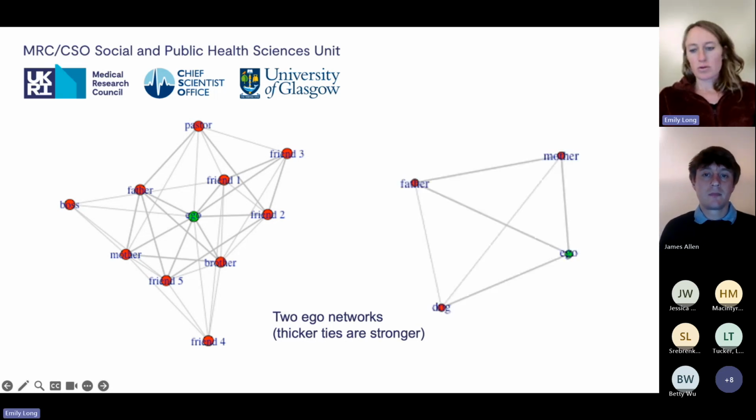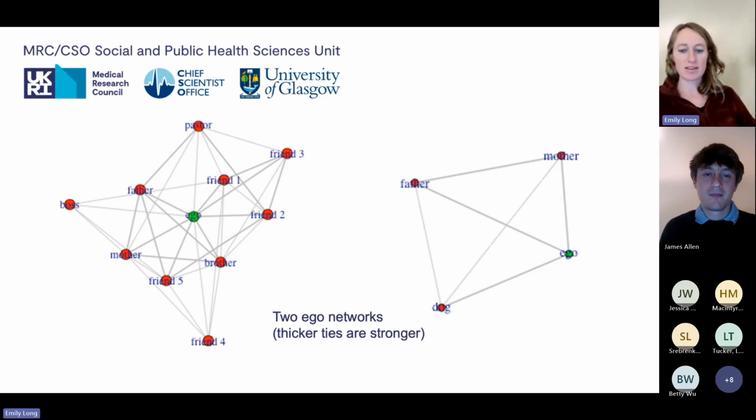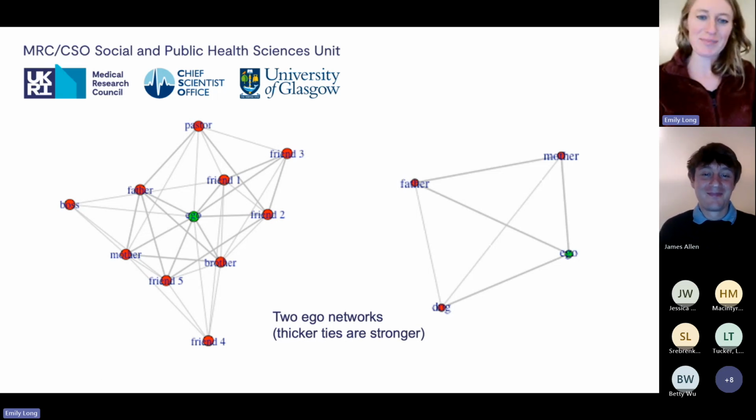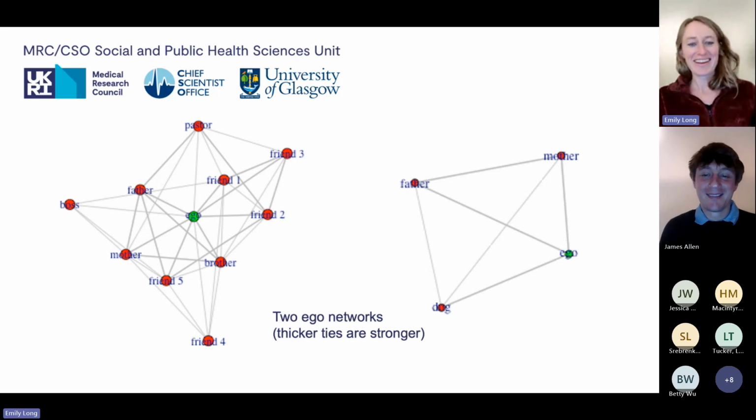And here's one more ego net that's much less connected and smaller. I like this one because the person listed their dog, which my dog would most certainly end up in my social network.